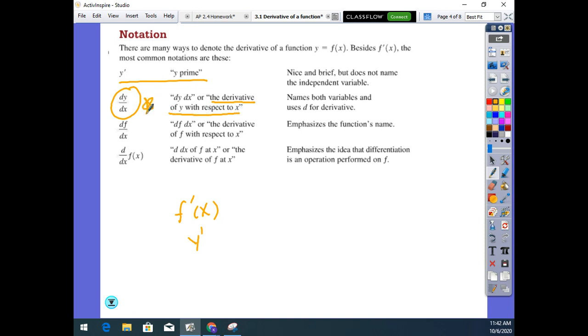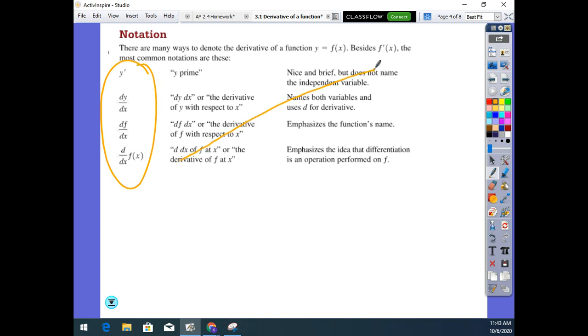This is going to be important because we're going to use this a lot later on. Notice they also replace this y with f, or the whole thing with just f of x. Just write down each of the notations that indicate that you need to take the derivative. You don't need to write all the wording down, just recognize the notation over here.